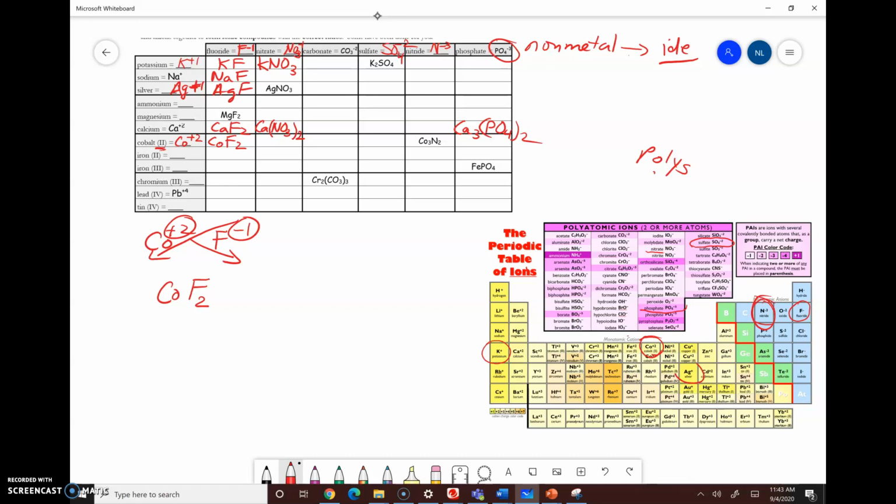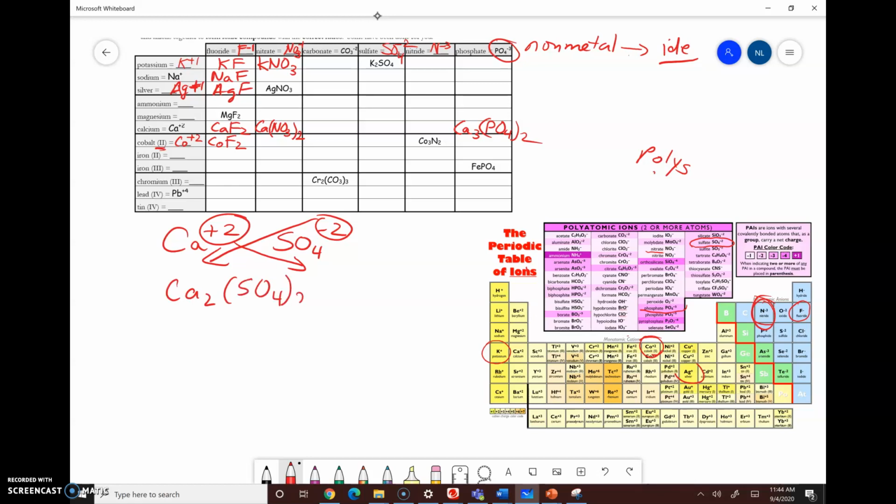So if I were to put together calcium and sulfate, that is going to look like this. Ca plus 2. Sulfate is SO4 -2. Those who were present for the notes, remember I told you when it's gonna be 2, 2 like this, you can factor this 2 out.